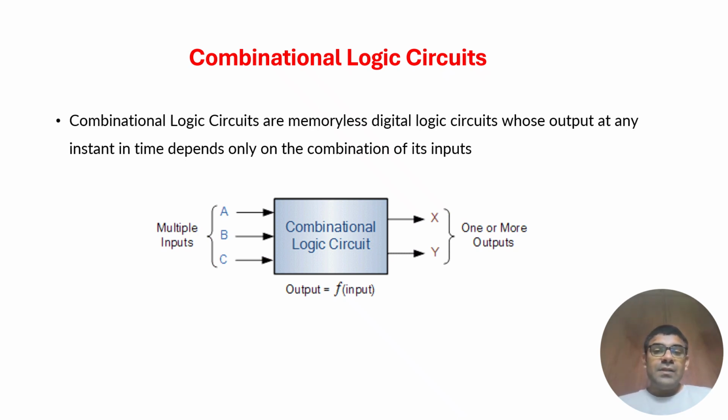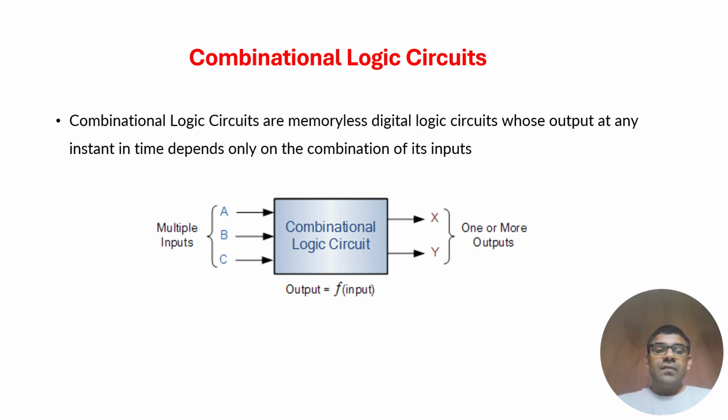So combinational logic circuits include various examples like adder, subtractor, multiplexer, demultiplexer, encoder, decoder, comparator, multiplier. Likewise we can name many examples. In combinational logic circuits, there are multiple inputs and one or multiple outputs.